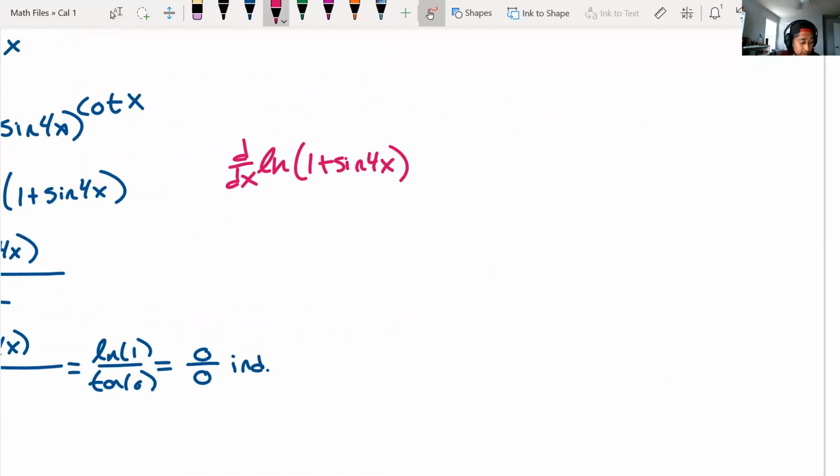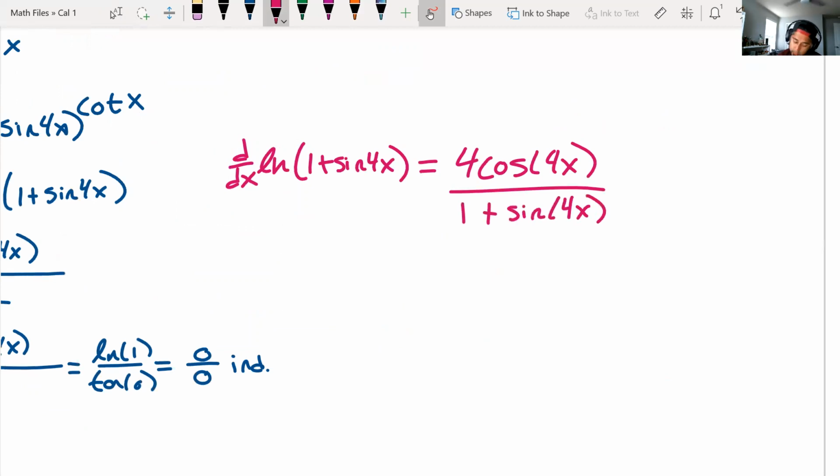1 plus sine 4x. 4 cosine 4x. Good. Over the same inside, 1 plus the sine of 4x. Good.